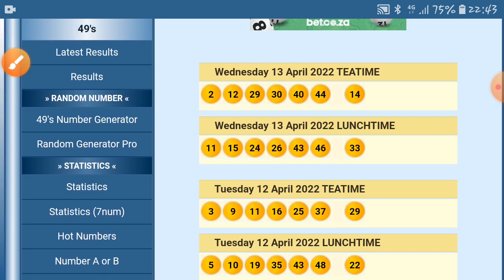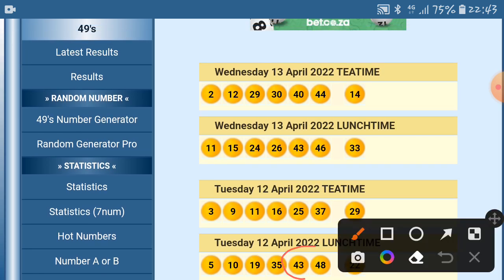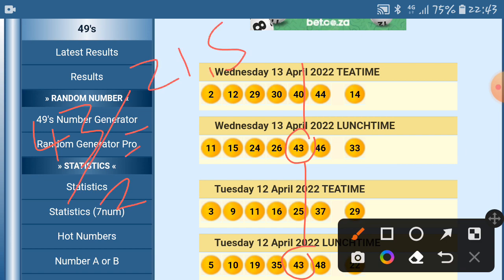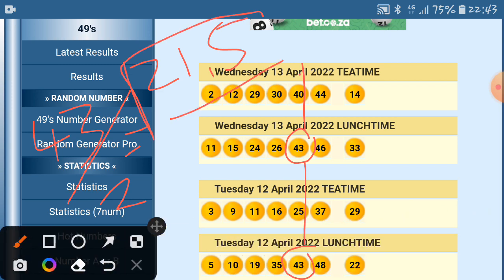Then the next one, 43. 43 divided by 2 equals 21.5. Then the 22 is sitting here.